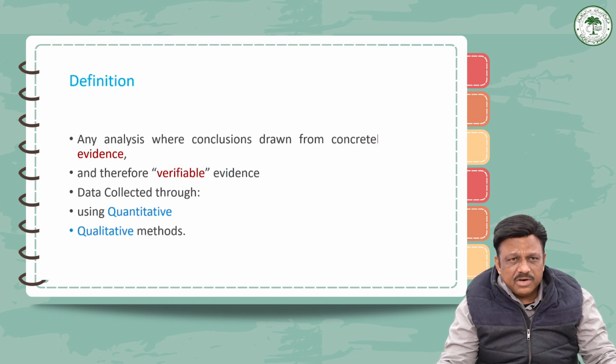Now, if you want to define the empirical method, it is defined as any research analysis where the conclusion of the study is strictly drawn from concretely empirical evidence, and therefore those evidences can be verified.